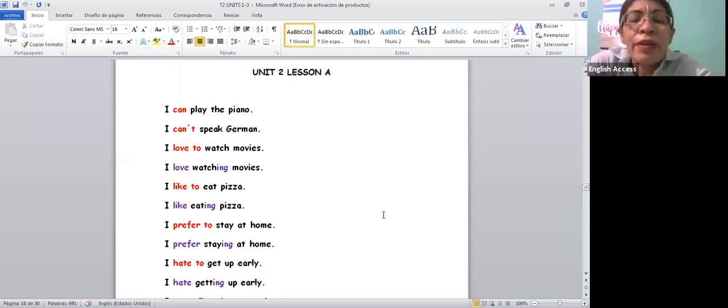Then we have the verb love. We can use this verb plus the preposition to and a verb in simple form, or with another verb in ing. For example, I love to watch movies or I love watching movies. With like it's the same thing. We can use like plus to plus verb or like plus verb with ing ending.